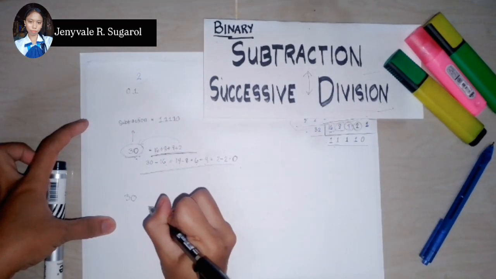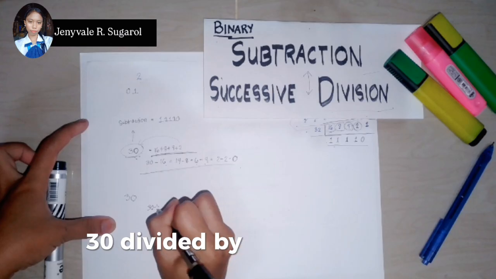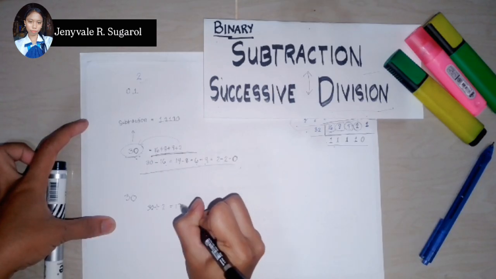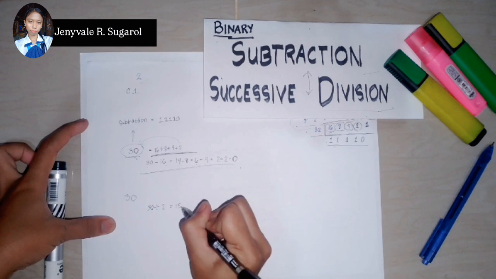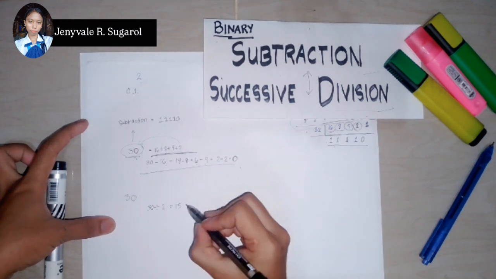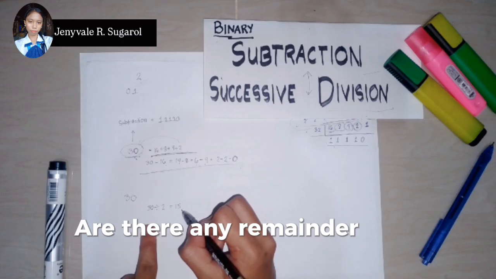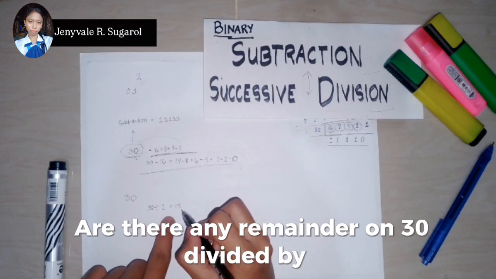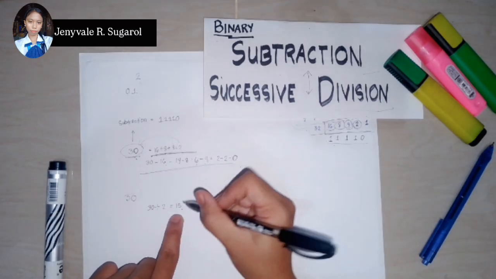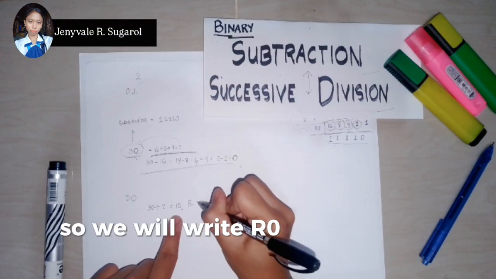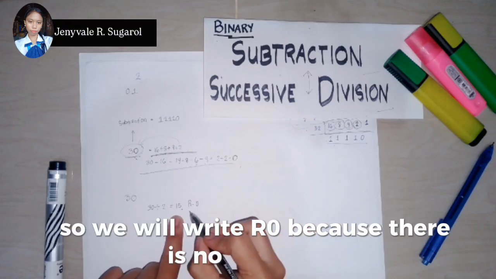Okay, 30 divided by 2 is equal to 15. Is there any remainder on 30 divided by 2? Okay, there is none. So we will write R 0 because there is no remainder.